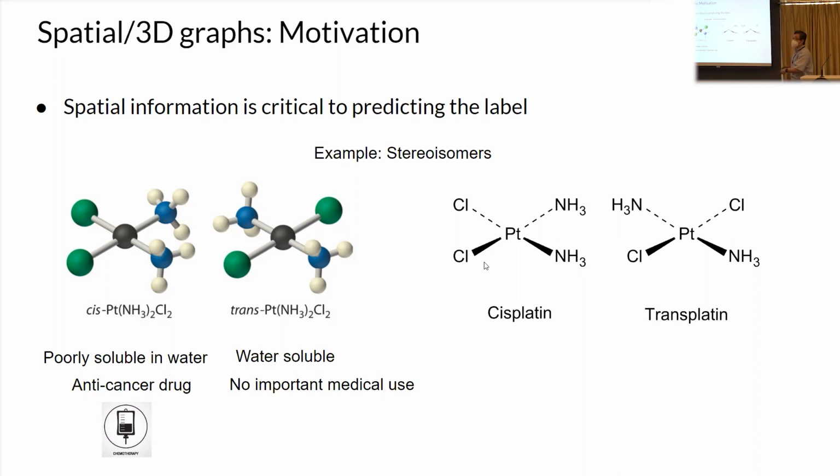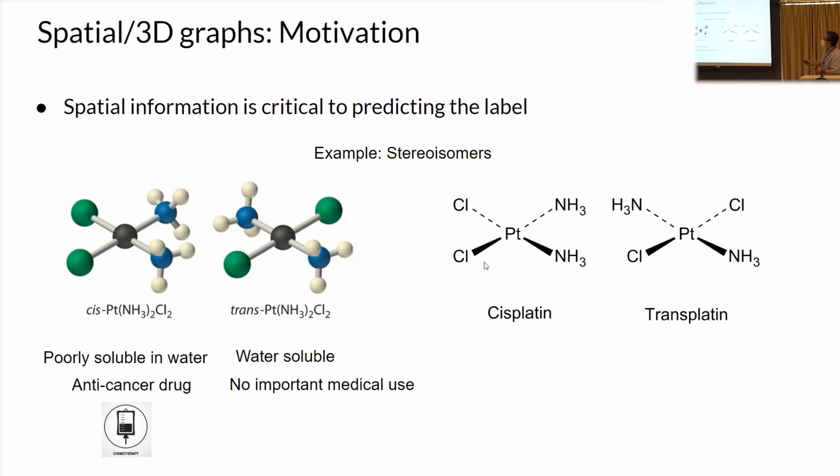Another example is ibuprofen. We all take ibuprofen, but the drug you take has two stereoisomers. Only the S form is active. The other one is just there for the ride. It's not active.